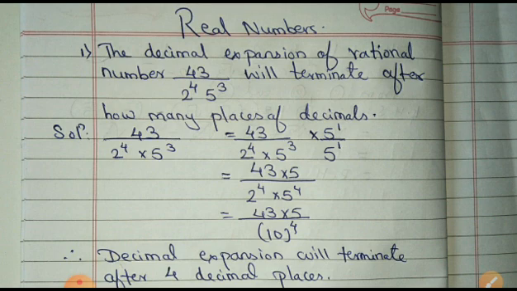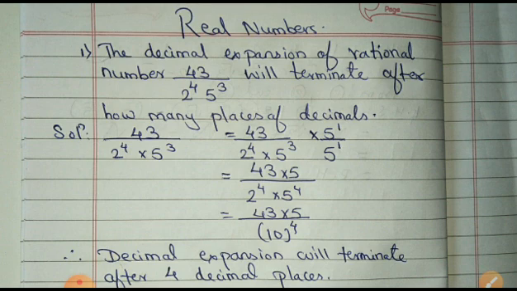Second step is to make your denominator a power of 10. That means you should check for the highest exponent of 2 or 5, and whatever the highest exponent is, you should make the other number also have the same exponent.